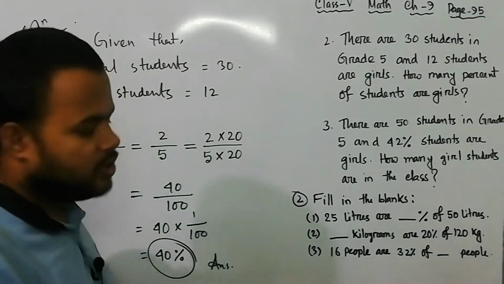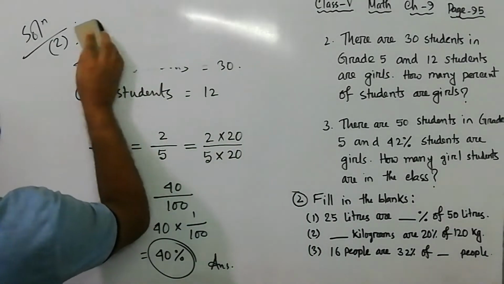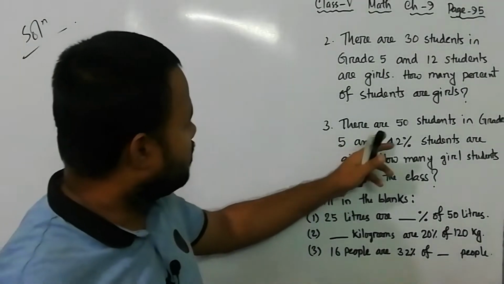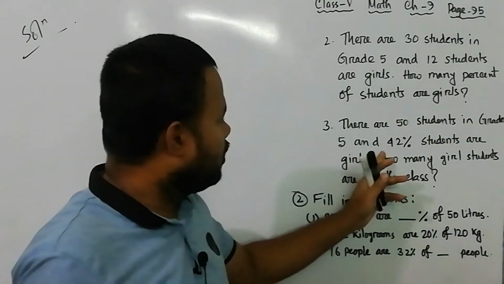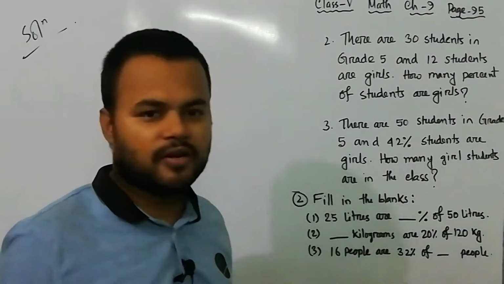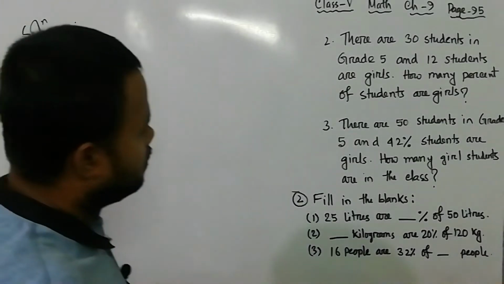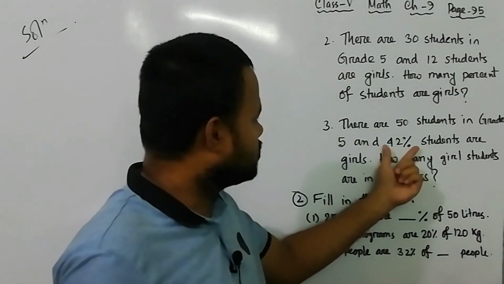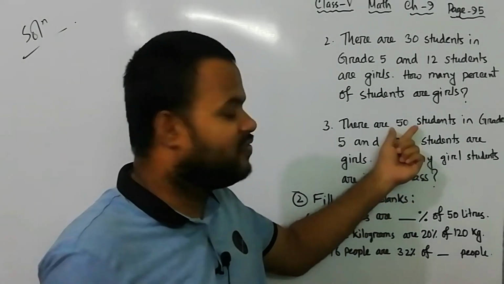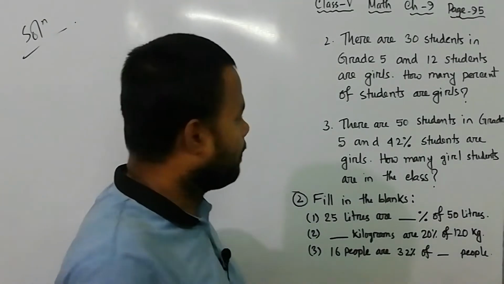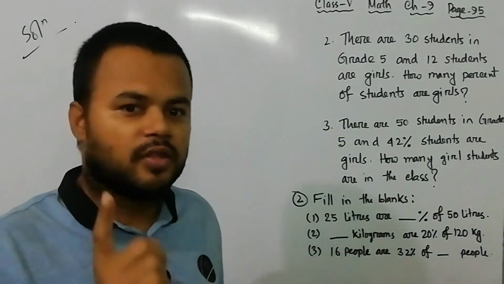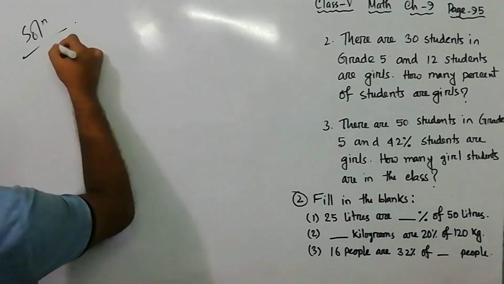Now number 3. We are given that there are 50 students in grade 5 and 42% of students are girls. How many girl students are in the class? That means 42% of students are girls, and we have a total number of 50.